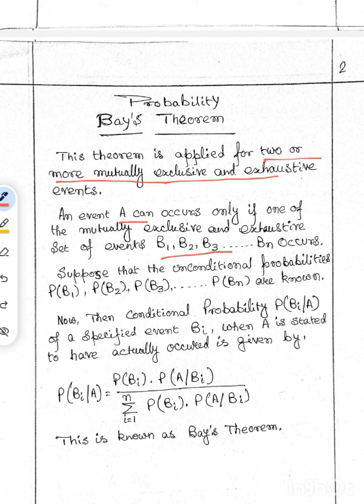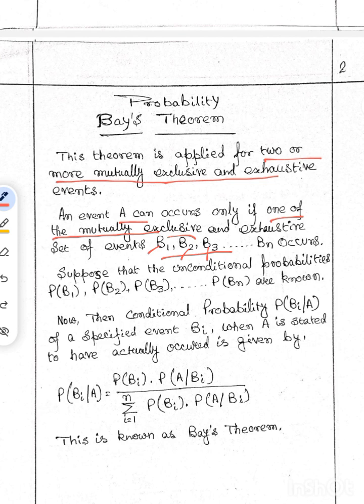A may come from B1, it may come from B2, it may come from B3, or it may come from Bn, but out of all the exclusive events, one event is favorable to us.